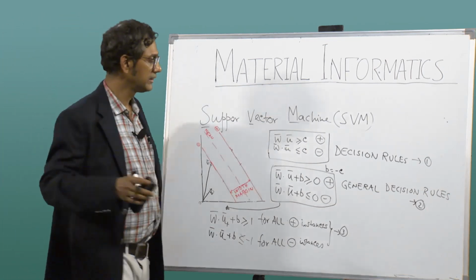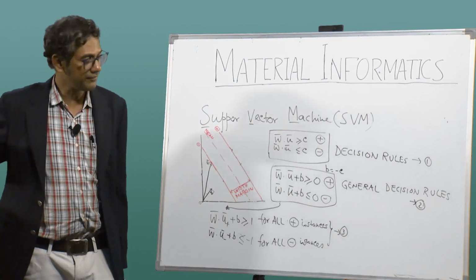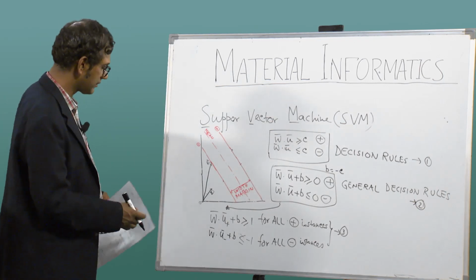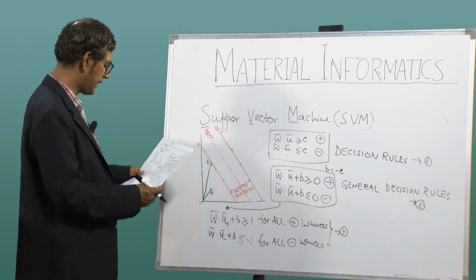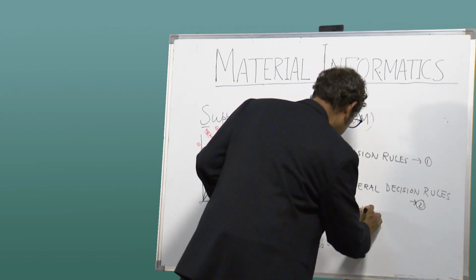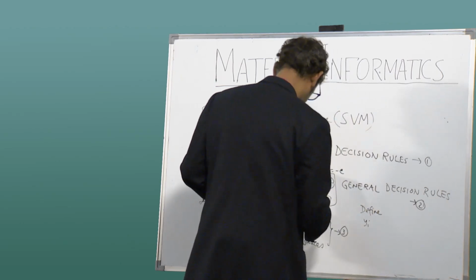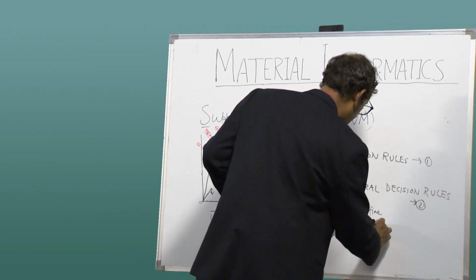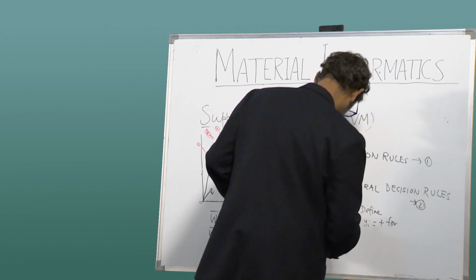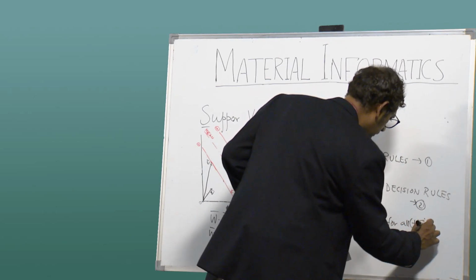Now let me go back here. Whatever the space, let us say I have a vector y. I define vector yi, and I say yi is positive for all positive instances. I have written it like here also.